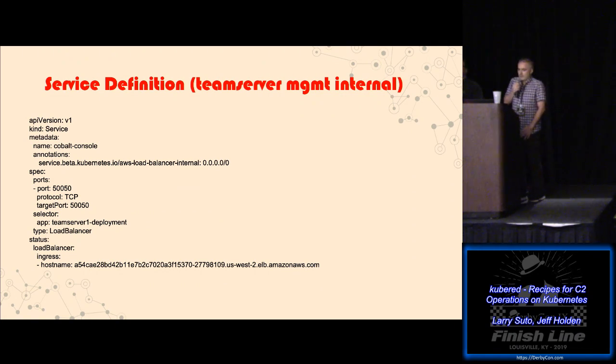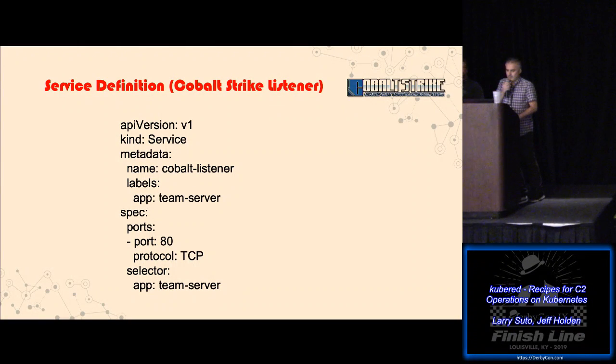This is a sample of how you would create a service that spins up an AWS load balancer connection, so you can connect to the team server in a private VPC. And this is the service definition for the Cobalt Strike listener. This is basically port 80, which the beacon checks into.